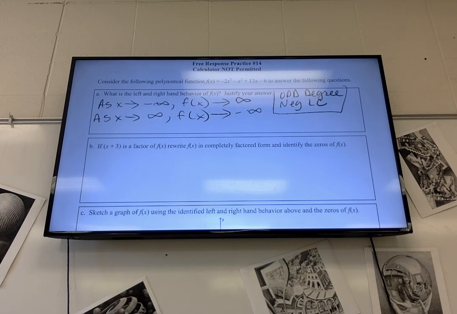If x plus 3 is a factor of f of x, rewrite f of x in completely factored form and identify the zeros of f of x. So x plus 3 is a factor. So that means that negative 3 is a 0.